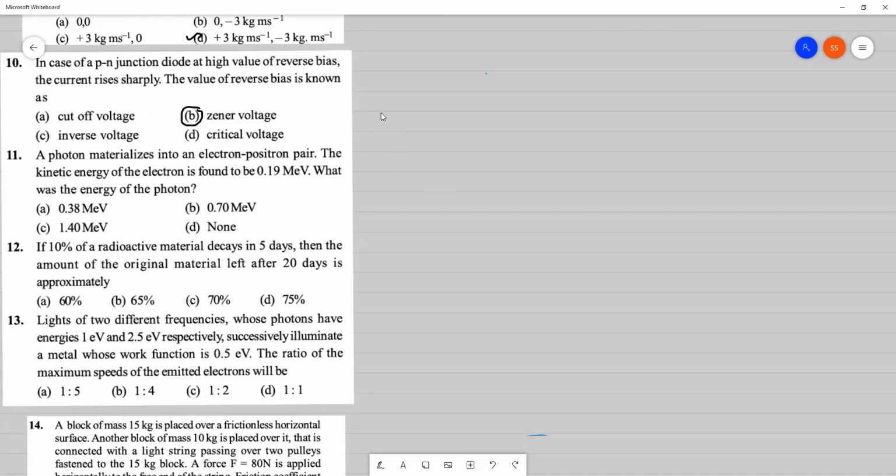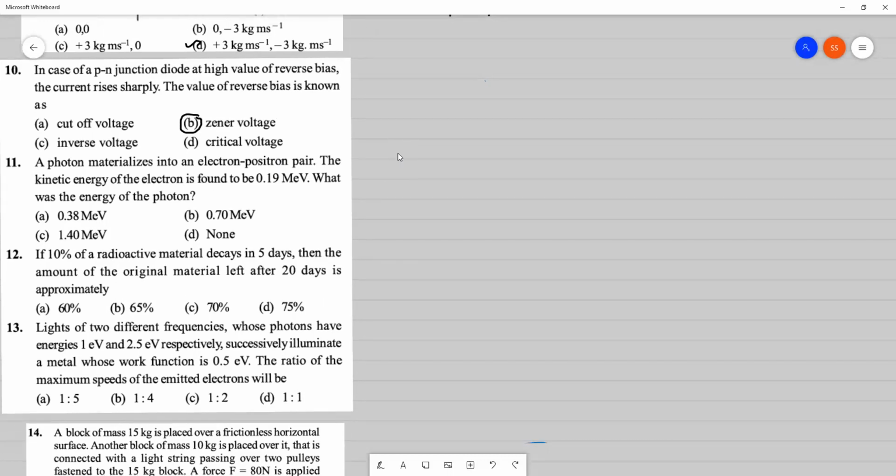So what will be the energy of the photon? The photon annihilates into an electron and positron pair.